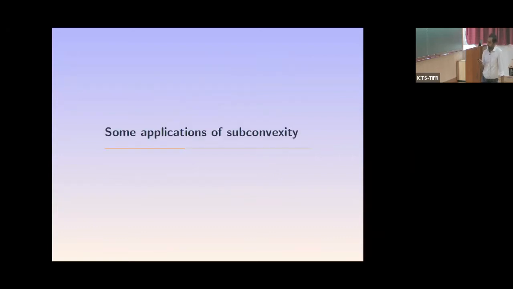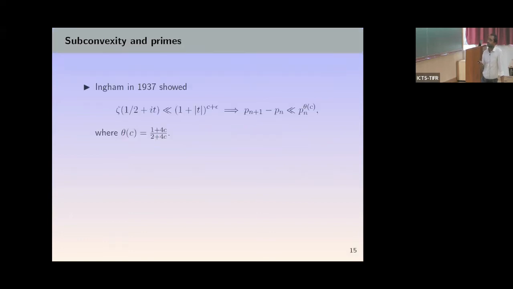So why do we care? There are some fantastic applications of subconvexity. In 1937, Ingham showed that if you know a bound of the form, so the zeta value at half plus i t is bounded by (1 plus |t|) to the power c plus epsilon, then you can show that the gaps between consecutive primes are bounded by p_n to the power theta, where theta is a function which looks like (1 plus 4c) divided by (2 plus 4c).